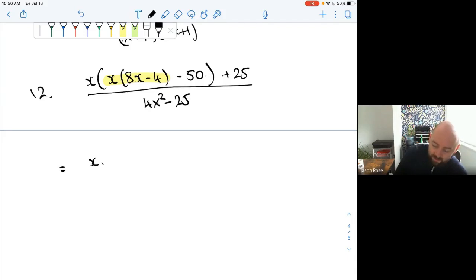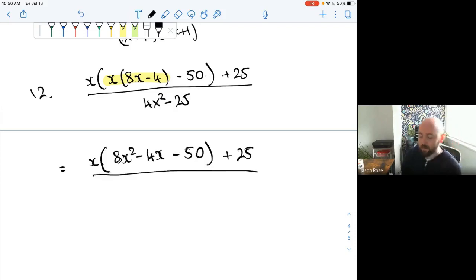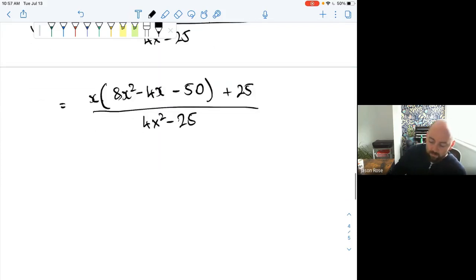So that's going to be x times, multiplying that in, 8x squared minus 4x. 4x squared minus 25. Okay. There should be a key word coming to mind when you see that, which we're going to leave for later. Might look like something from your quiz. Factoring technique.